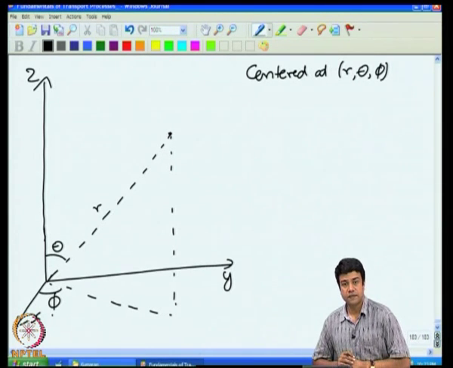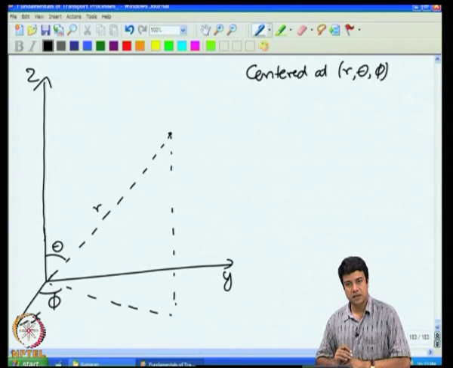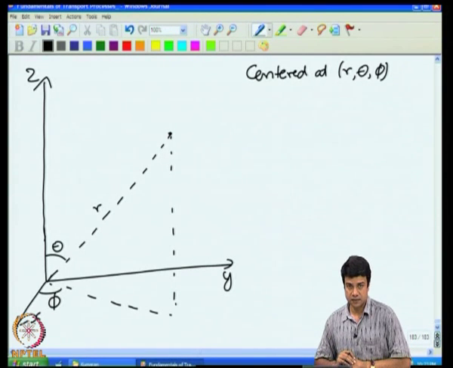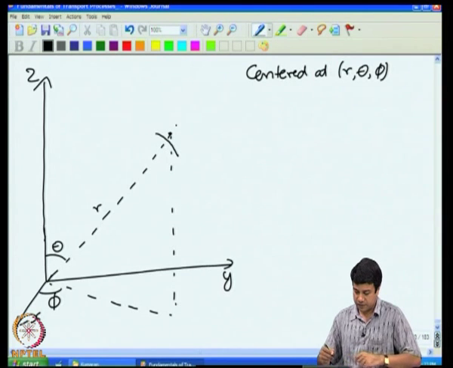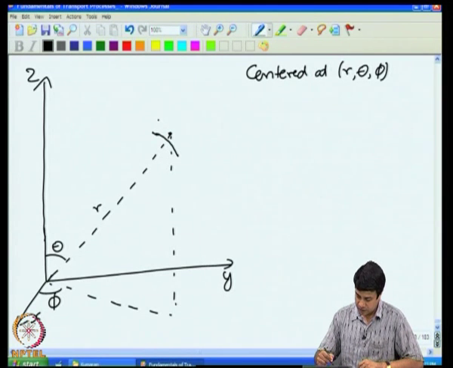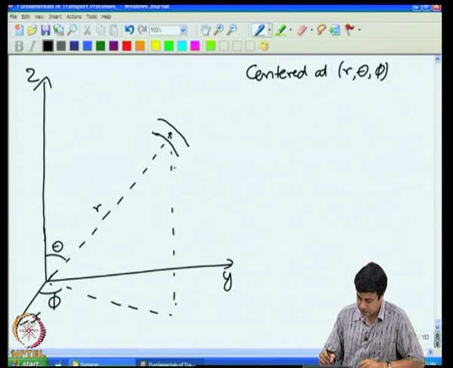So, let us look at the surfaces at constant r. These are of course spherical shells. Surfaces of constant r are basically spherical shells. So, at r minus delta r by 2, I will have a spherical shell, and at r plus delta r by 2, I will have another spherical shell.